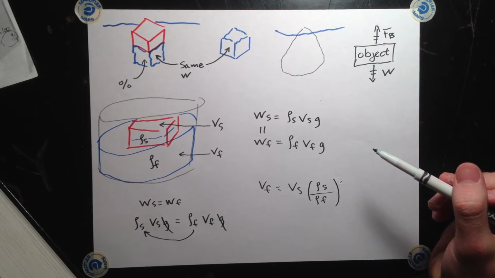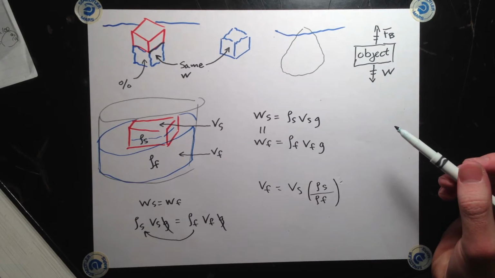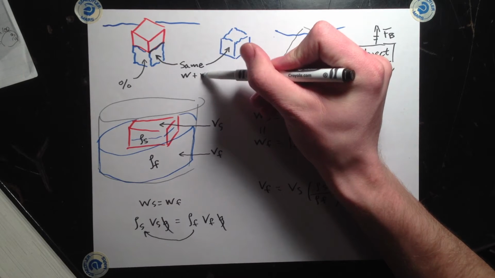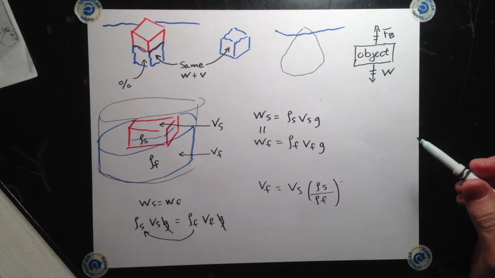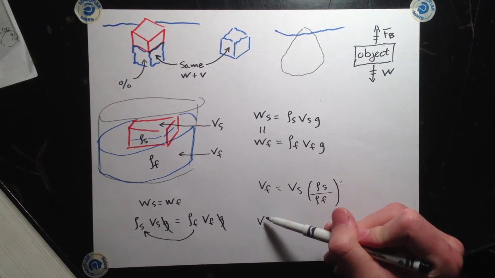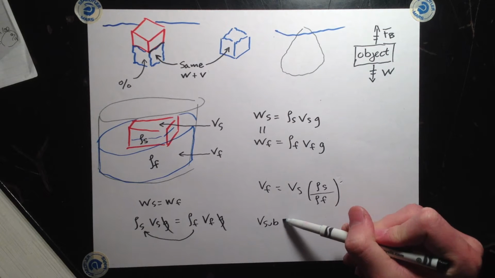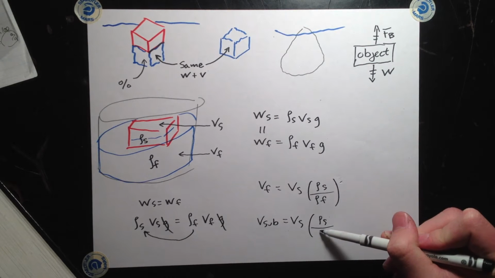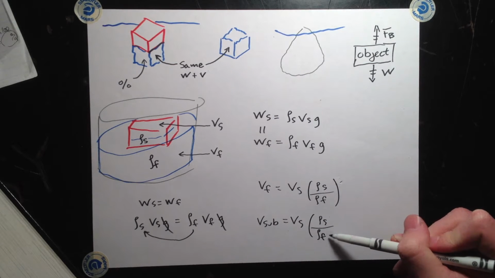Since, by definition, the volume of displaced fluid, v of f, is the same as the volume of the solid that is submerged, v of sub, we find the submerged volume, v sub, for a solid of volume v of s and density d of s floating in a fluid of density d of f.